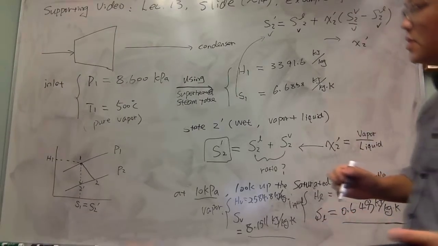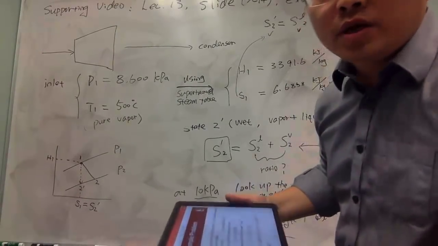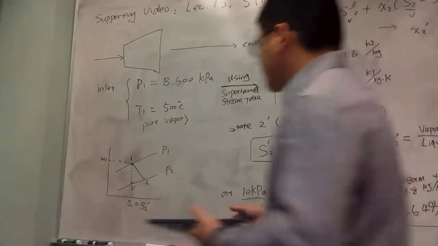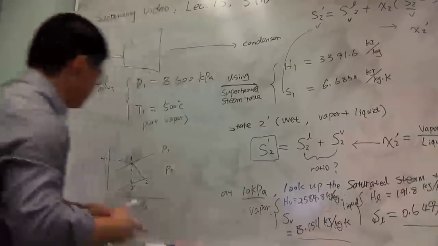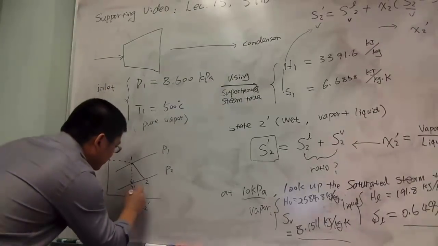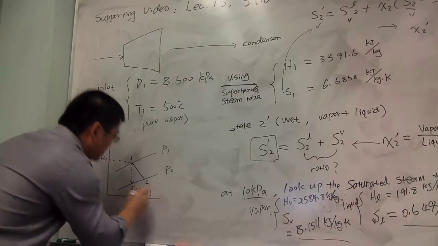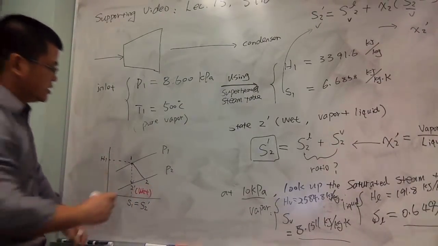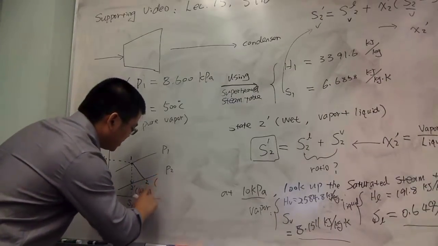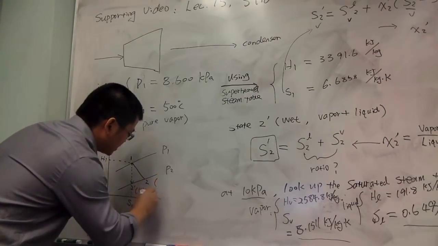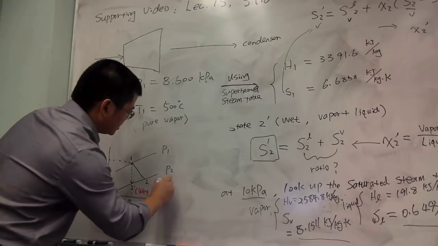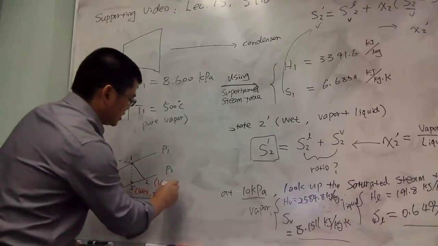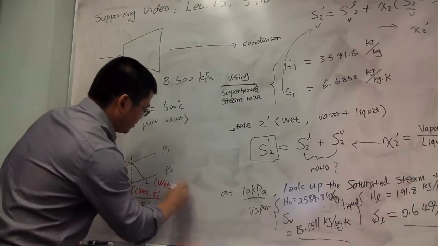Okay. So what we have been doing is we try to figure out that I'm going to have wet steam along this isentropic process, and I'm also having, let's call this X2 prime, the actual wet steam at this real final called X2.